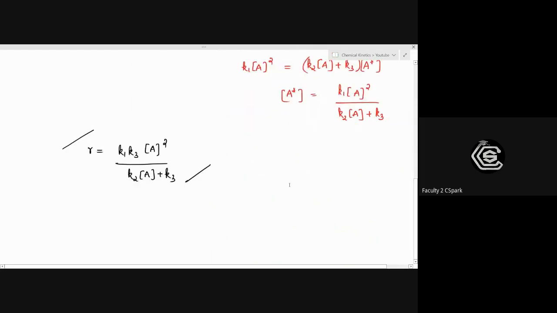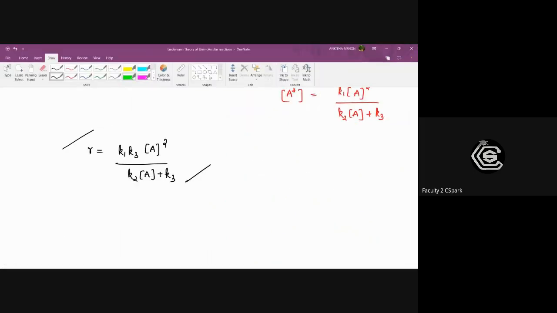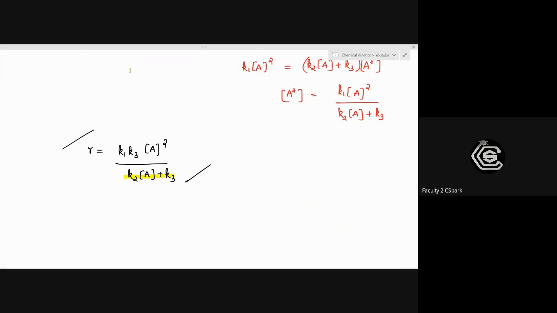Whenever such comparisons are given, always we have to check the denominators, always. So what is given in the question? The concentration of A is very low. If the concentration of A is very low, K2 into the concentration of A will be very low. Correct?